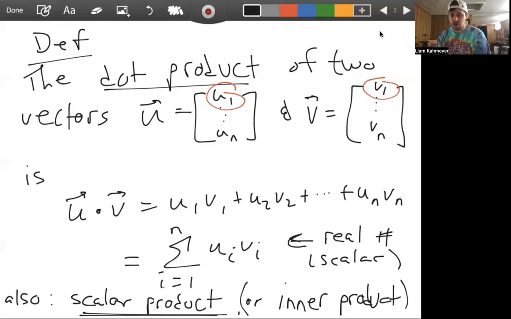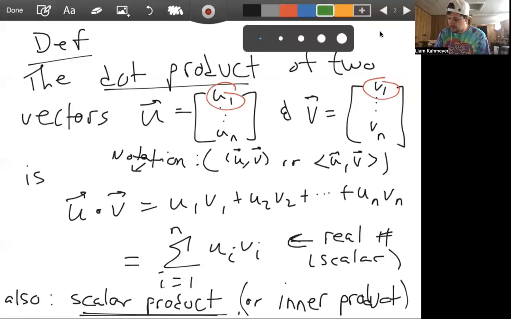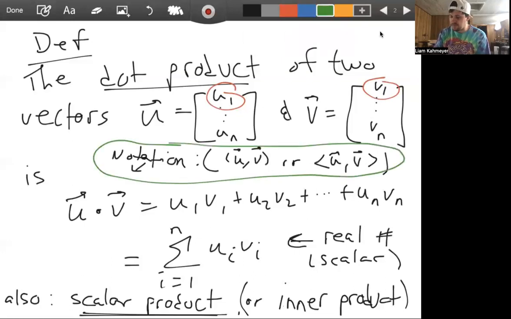Some notation here: u dot v can also be represented as (u, v) in parentheses with a comma separating them, or these angle brackets. So if you ever see this notation here, don't let it throw you off.